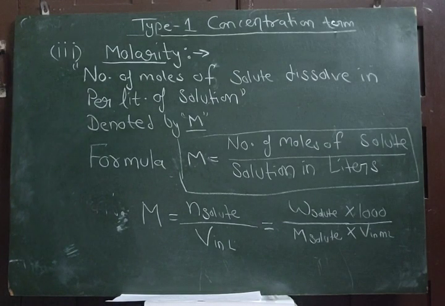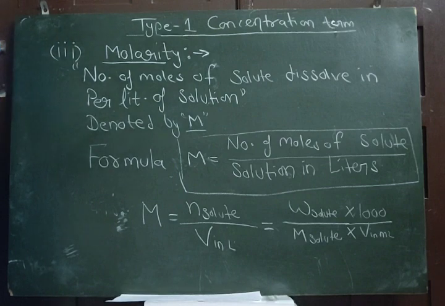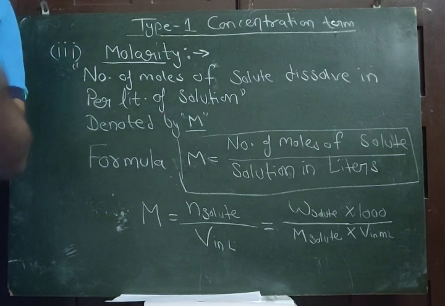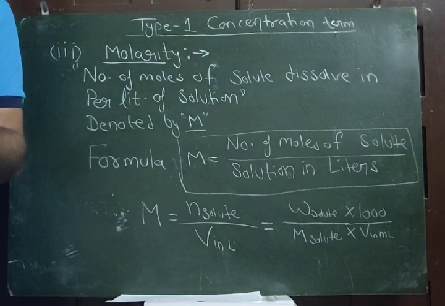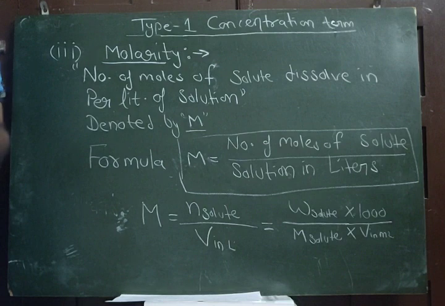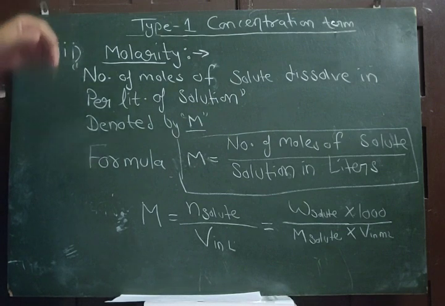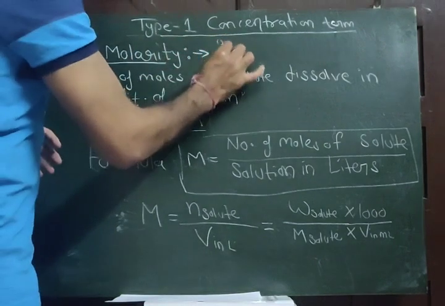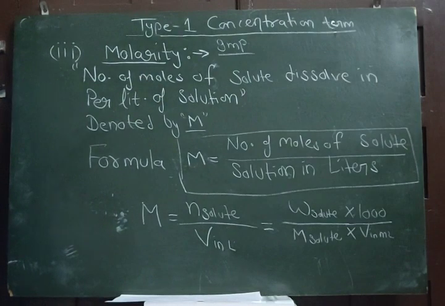Hello students. So this is our third term of type 1 concentration terms. We have already discussed two terms of type 1 concentration: the first was percentage volume by volume, and the second was percentage weight by volume, and this third one is very important, that is called molarity.